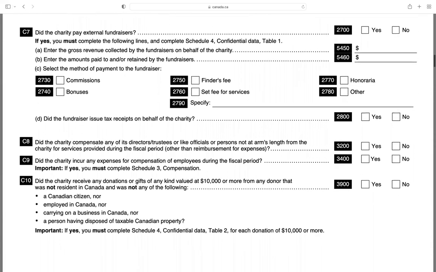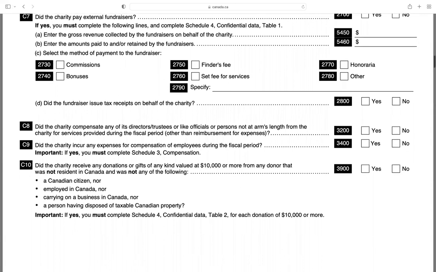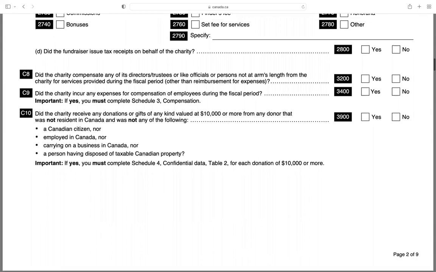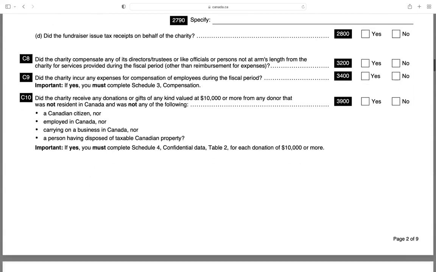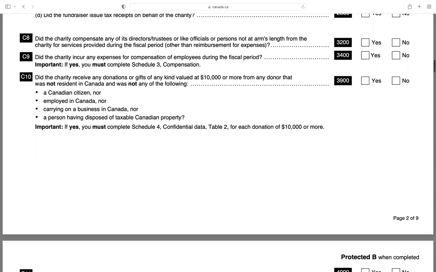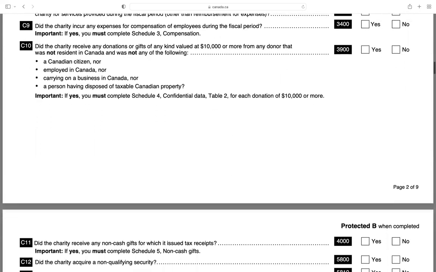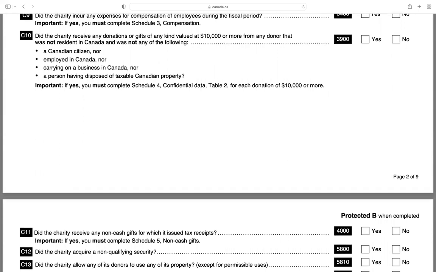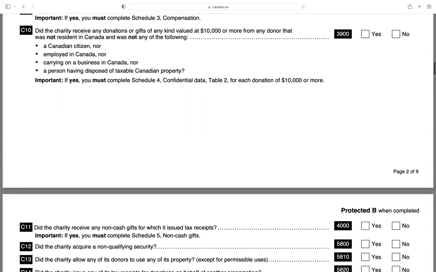Then C8, did the charity compensate any of its directors or trustees not at arm's length from the charity for services provided? Then C9, did the charity incur any expenses for compensation? And then C10, did the charity receive any donation or gift of any value over $10,000?